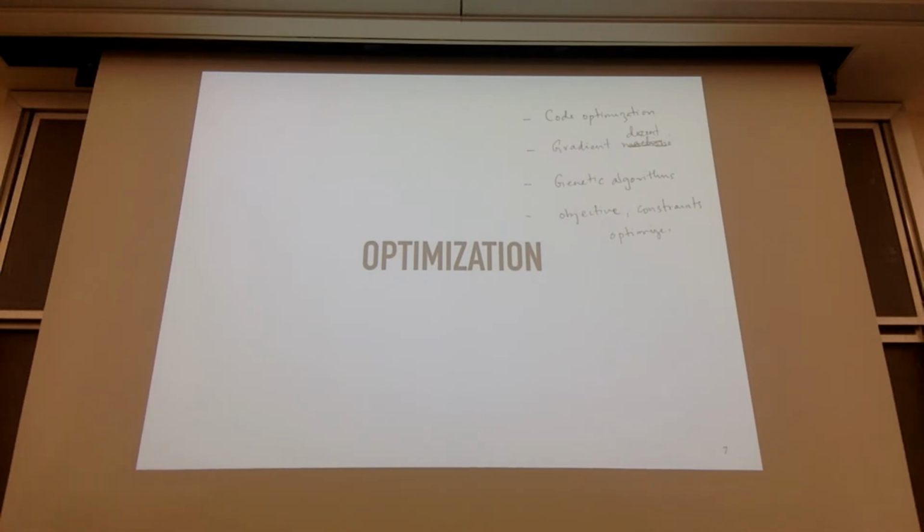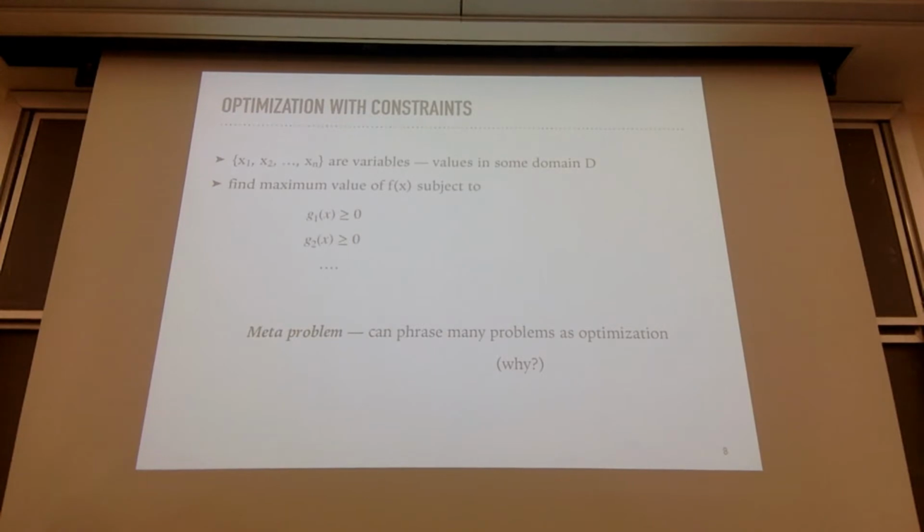And part of what we will do. In general, you can think of optimization often as the way it was mentioned, which is you have a bunch of variables, and these variables are supposed to take values in some domain. Think of the domain as being Boolean, 0, 1 values.